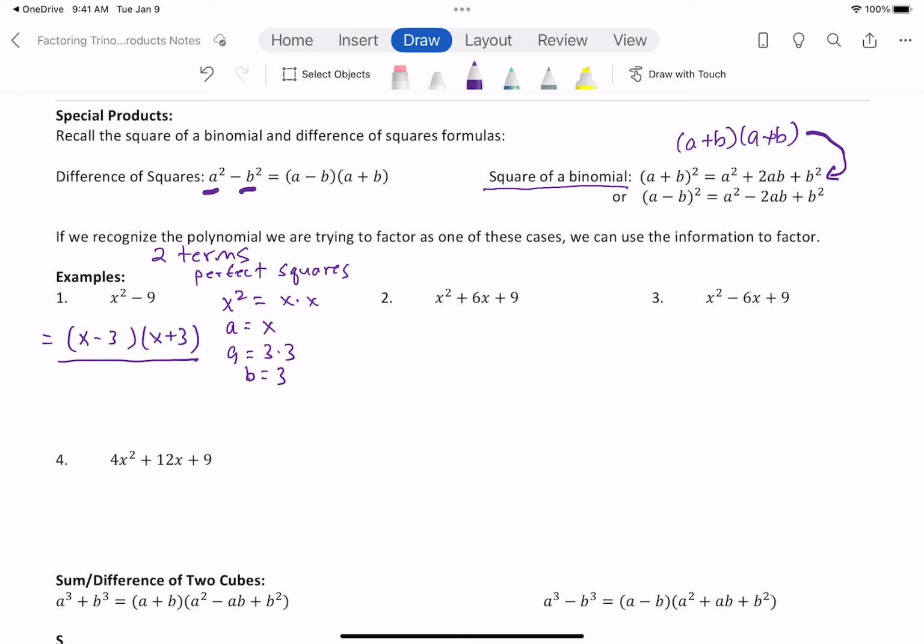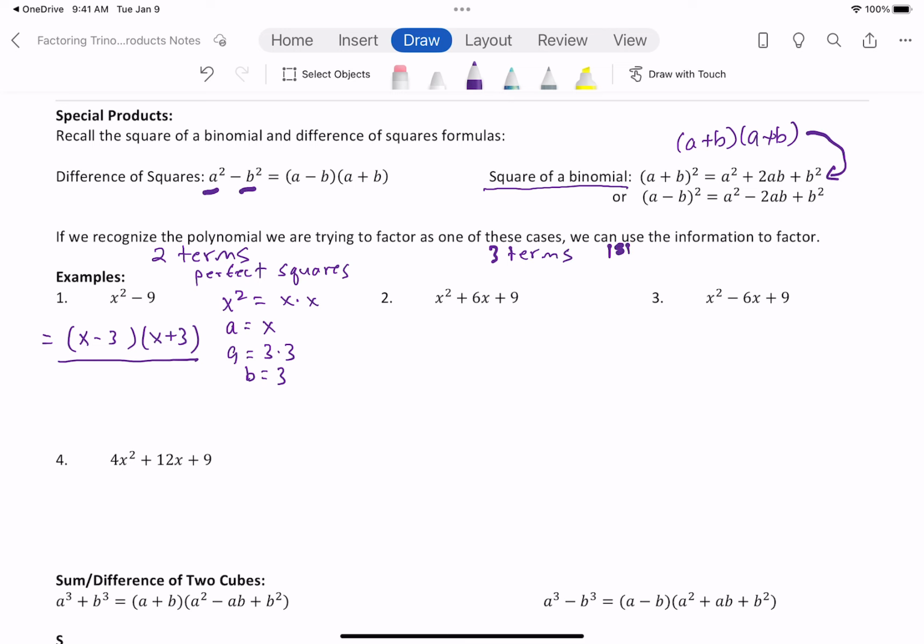So if I look at x squared plus 6x plus 9, the first thing is we would need to recognize that that particular trinomial can be written in this form. So how do I recognize that? One, we got to have 3 terms this time.